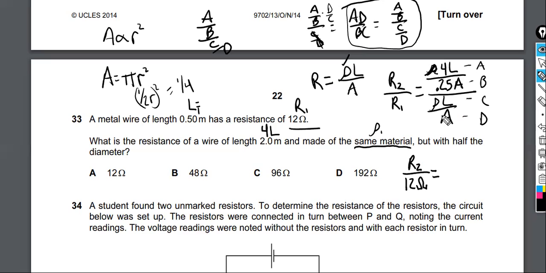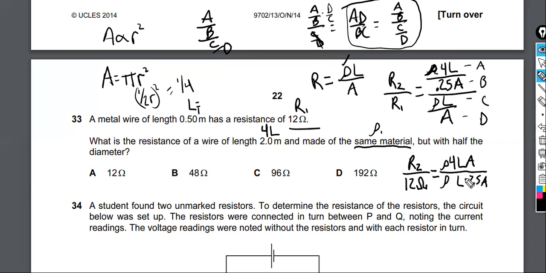I've got a fraction and a fraction. So AD, the numerator over here is going to be this term, rho 4L times A, over BC, so I have rho L and 0.25A.